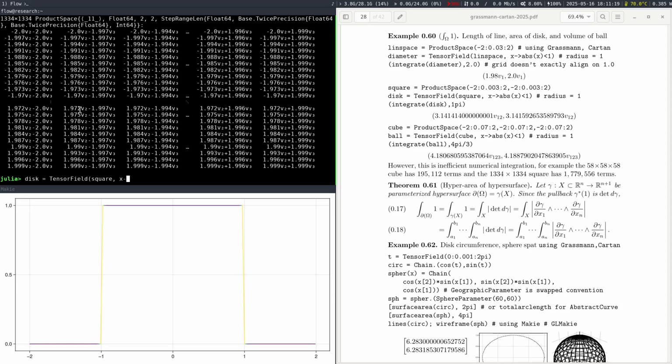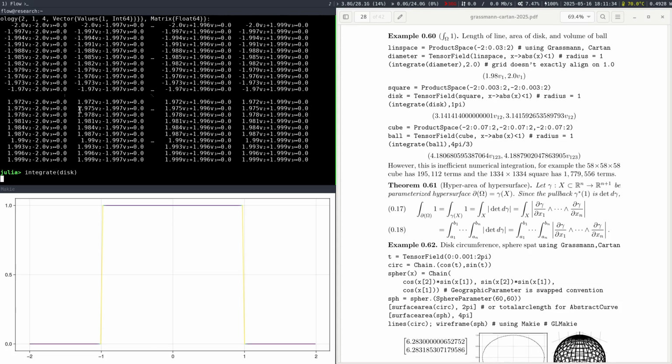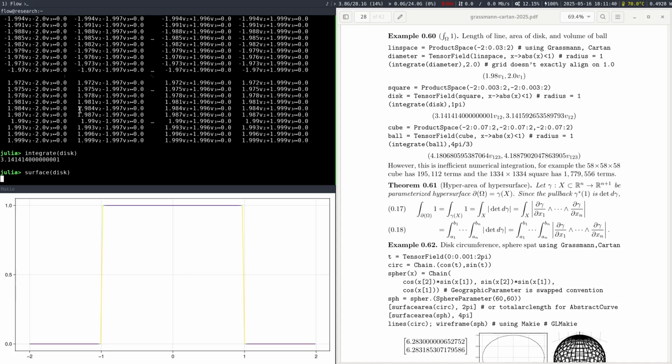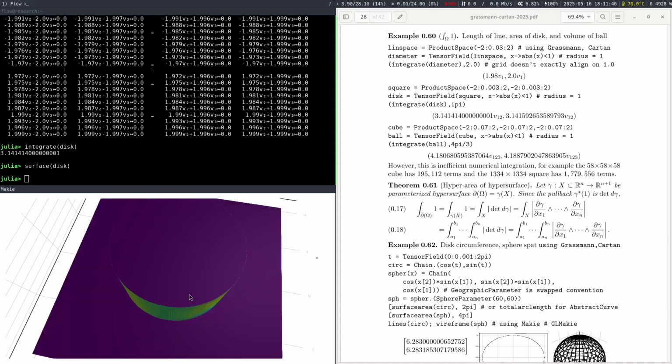We do something similar to the diameter, but now it's going to be a disk. And what happens when we integrate that disk, you know? It's pi, of course, right? So this is what we've set up here.